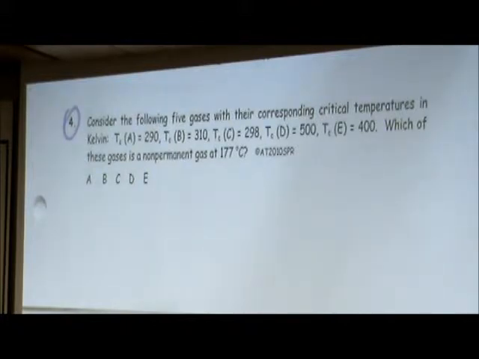Do this problem without being really confused. You need to consider something here. It's good to put the temperature first. Which of these 3 gases is a non-permanent gas at 177 degrees Celsius?